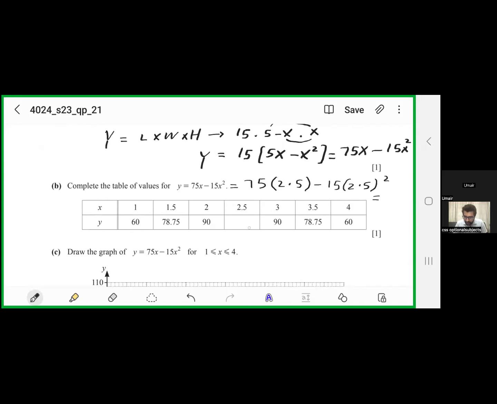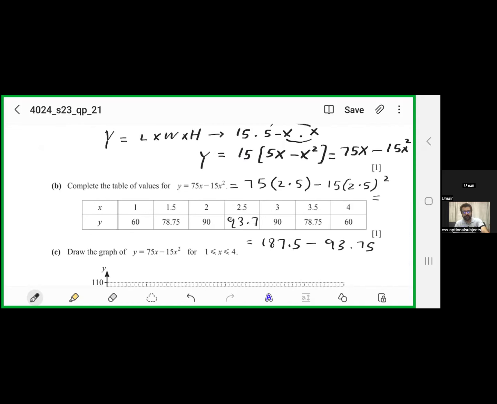So let me do this over here. Minus 93.75, and 75 times 2.5 is 187.5. Subtracting these two, 187.5 minus 93.75, you will get 93.75.